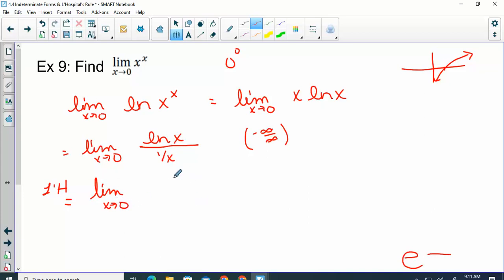What is the derivative of the natural log? My argument is just x, so we don't have to do the chain rule. Okay, the denominator, that was x, 1 over x. You can think of that as x to the negative 1. So what's the derivative of x to the negative 1?